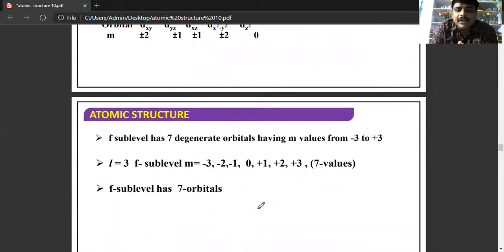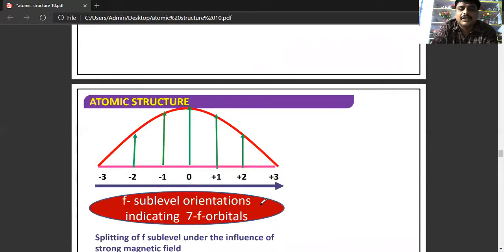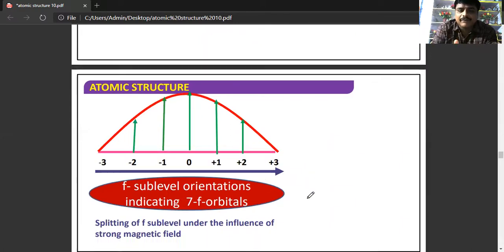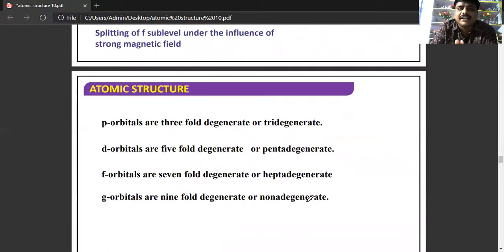The f sublevel has 7 degenerate orbitals, ranging from minus 3 to plus 3. These are the orientations of f orbitals, which is the splitting of the f sublevel under the influence of a magnetic field.